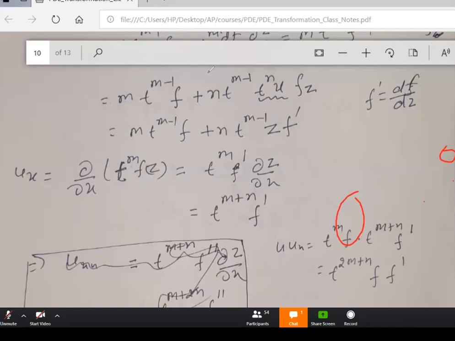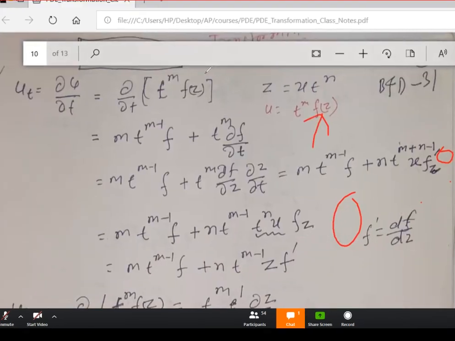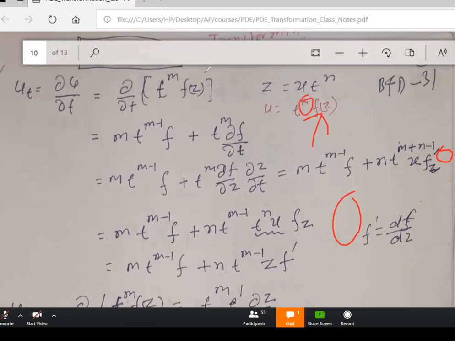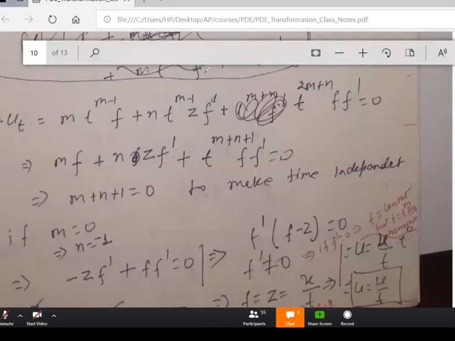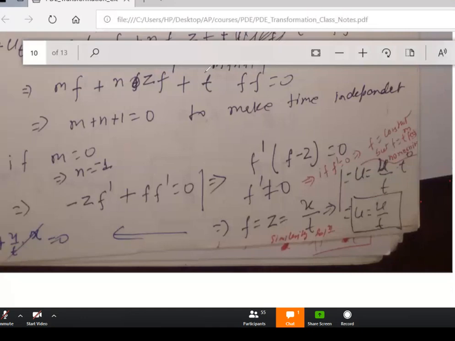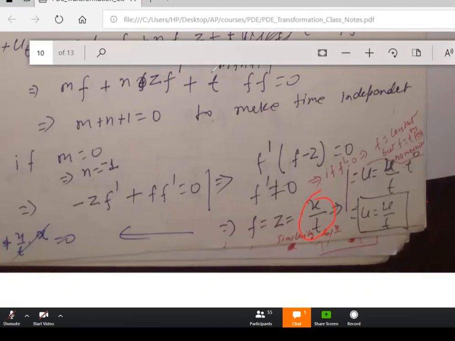Now f(z) is equal to z and m is equal to 0. So basically u is equal to z solution. So z is equal to x by t. It means the solution of this differential equation is u is equal to x by t.